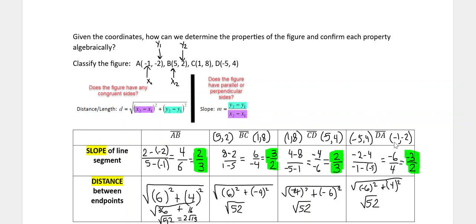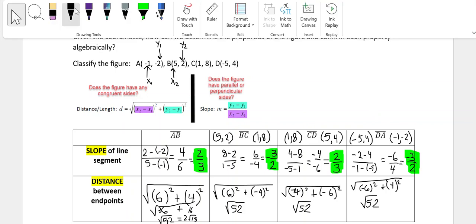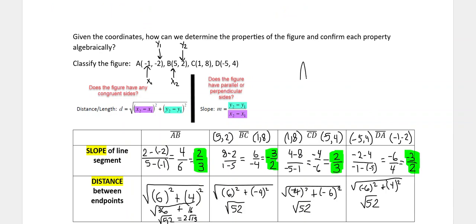Now, how do we know the difference there? We have to think about the type of angles that are specific to squares only. Squares have right angles. Right angles are formed when 2 lines are perpendicular. 2 lines are perpendicular when their slopes are negative reciprocals. So we can prove with slopes that line AB is perpendicular to line BC because the slope of line AB is 2/3.